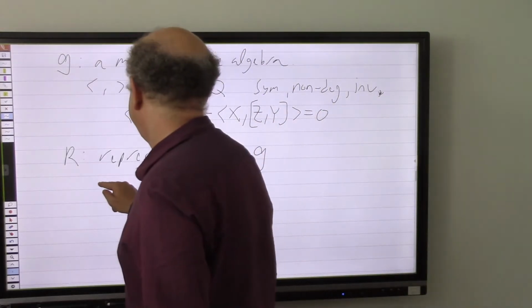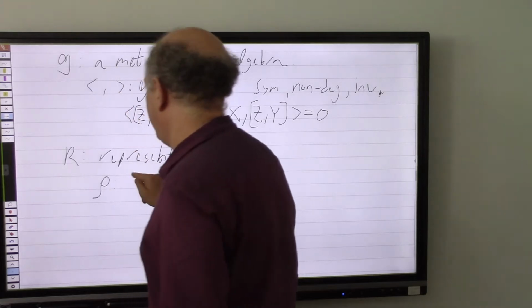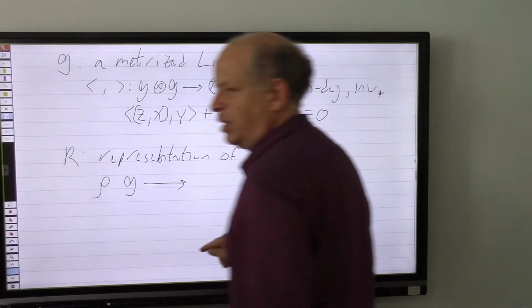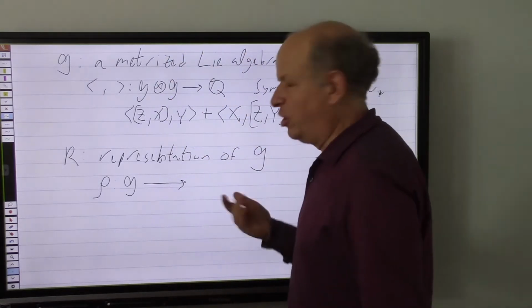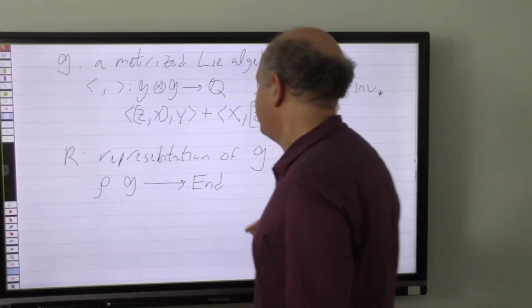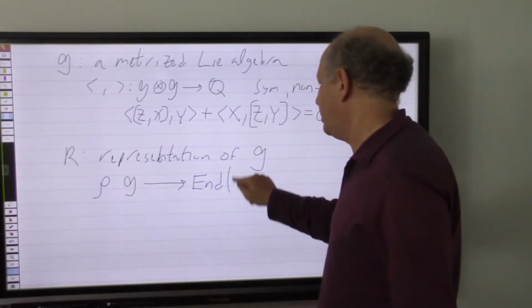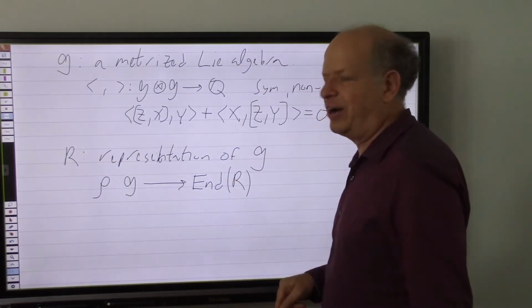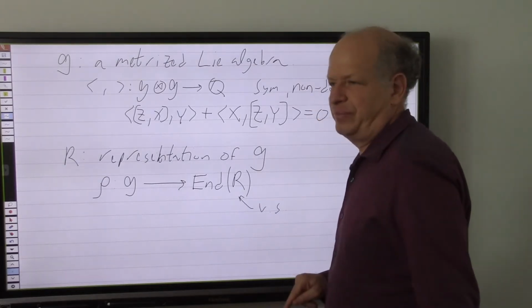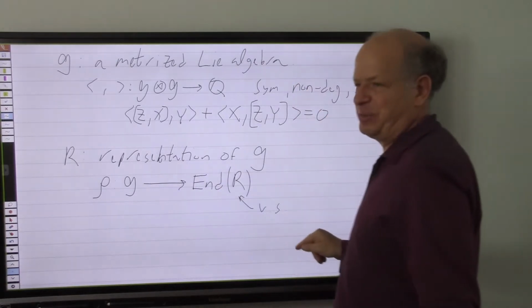So it's a morphism rho going from G into the endomorphisms of some vector space, and usually the representation is named after the vector space, so the vector space is also called R. So R here is a vector space, and here it's a name for the representation in that vector space.